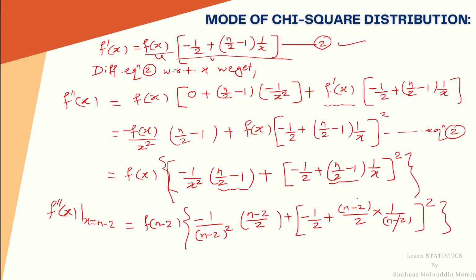Now this n by 2 gets cancelled, and n minus 2 cancels with n minus 2.